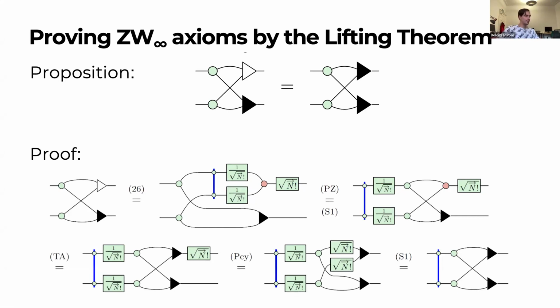Someone might realize that in the proof we have two of these projectors on both sides, and in fact we can put a projector on both sides of the equation, and then two of these equals just one because it's a projector, and that's how we get the equality.